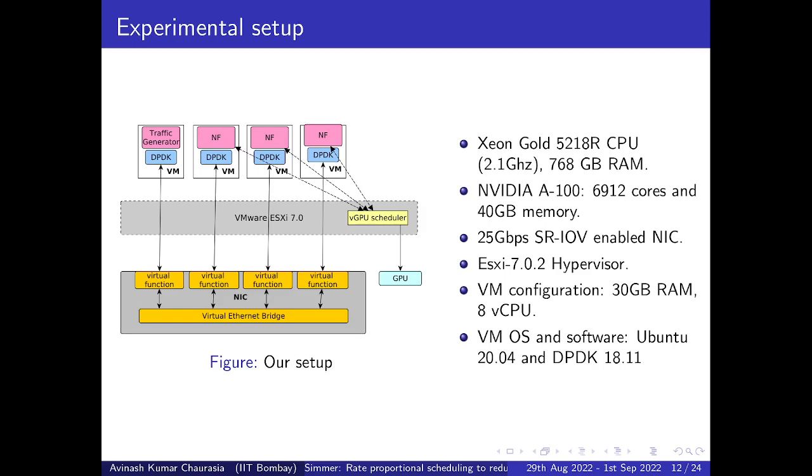The virtualization environment is enabled by the ESXi 7.0.2 hypervisor. Each VM is configured with 30 GB RAM and 8 vCPUs. We are using Ubuntu 20.04 as the guest operating system and DPDK 18.11 for kernel bypass inside the guest.